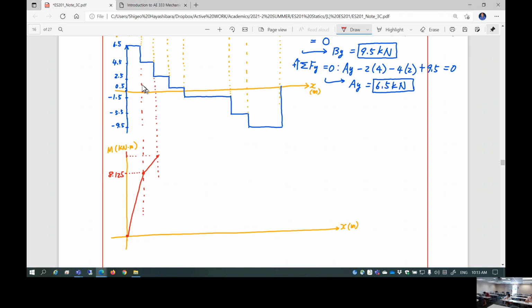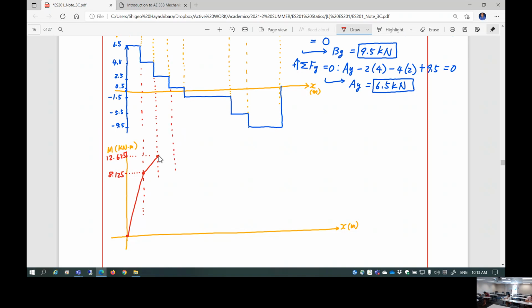This area. So that's just 8.125 plus 4.5 times 1, yeah. So that's 12.625. 12.625, correct. Now I think you're getting it.